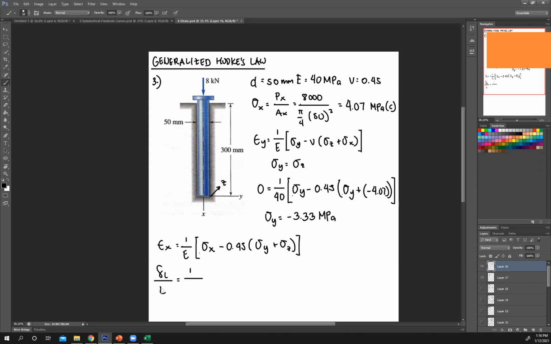And original length is given, 300 millimeters. And 1 over E is 40 MPa. Sigma x is negative 4.07 minus 0.45 times negative 3.33 plus negative 3.33. Right, what's the answer?